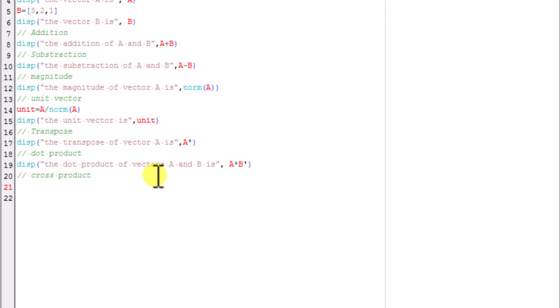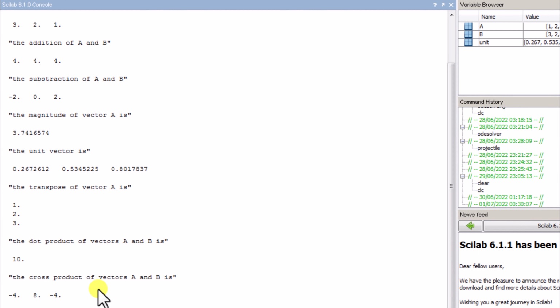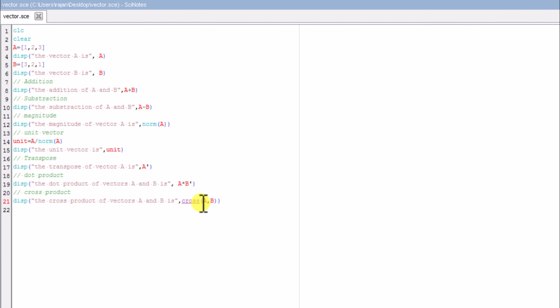So there is a simple command, and we will use double quotes, the cross product of vectors A and B is, comma, cross A comma B. So this is the inbuilt command which calculates the cross product of A and B. Now let us display. So -4 8 -4. Okay, so this is the cross product of vectors A and B calculated by the Scilab command cross A comma B.